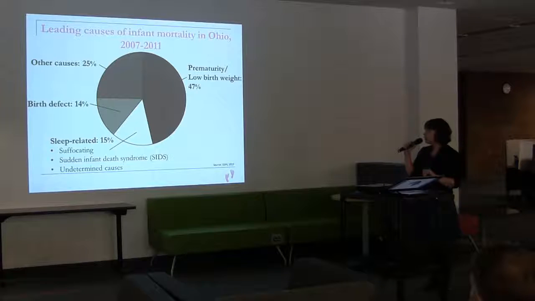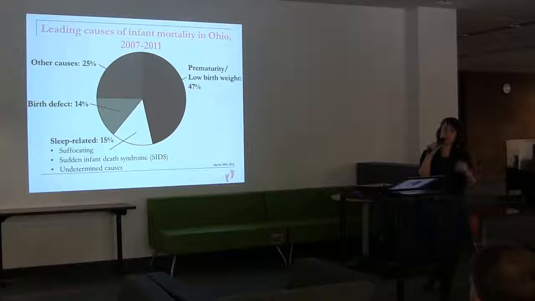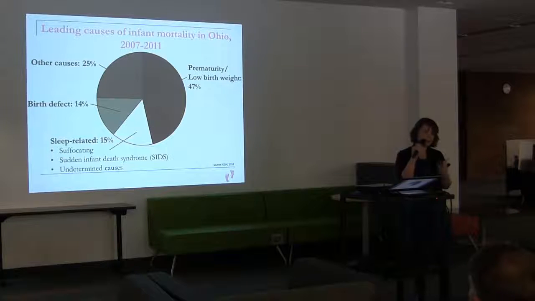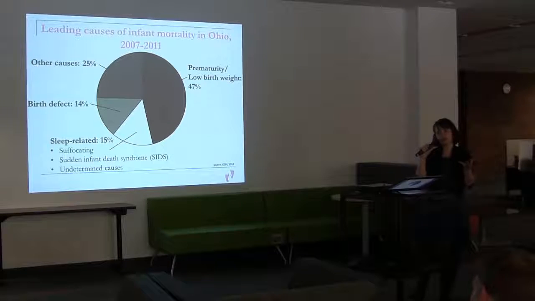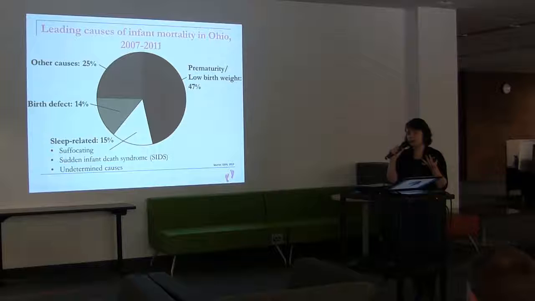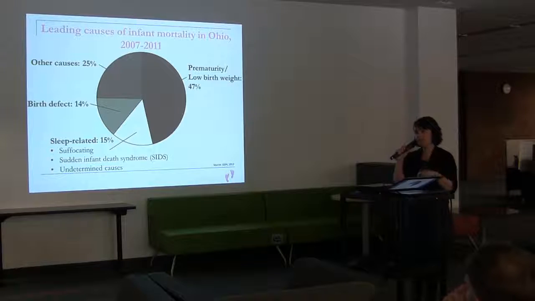About 15% are sleep-related deaths, and this could be babies that suffocate, maybe have sudden infant death syndrome known as SIDS, or with those sleep-related deaths, many times there are undetermined causes. It's not really known why the baby passed away in his or her sleep. And then we have other causes, about 25% of just other assorted reasons why we see infant mortality in our state.